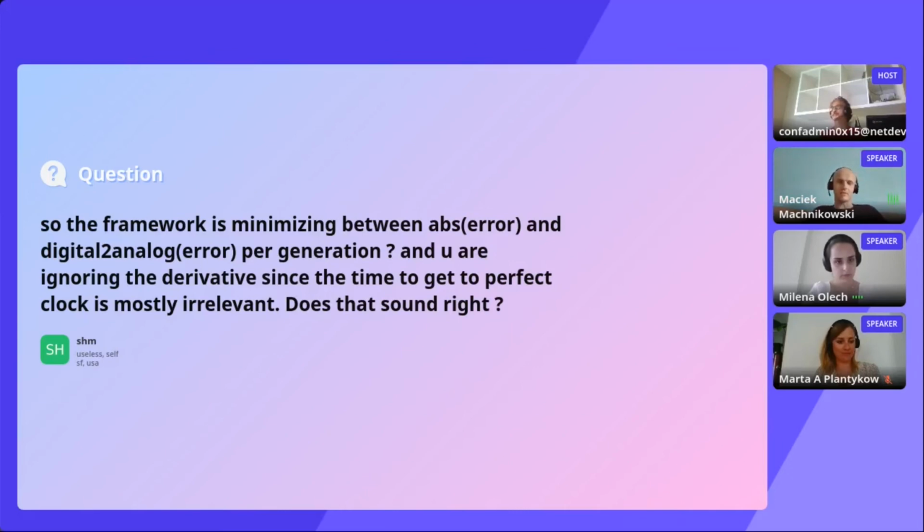Yeah, so how the framework works. Basically, PHC2sys is trying to minimize the offset between the system time and the PTP time taken from the PHC inside the NIC. There is no real digital to analog error, although it depends how you look at it.